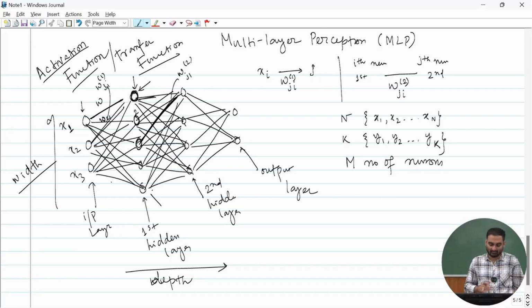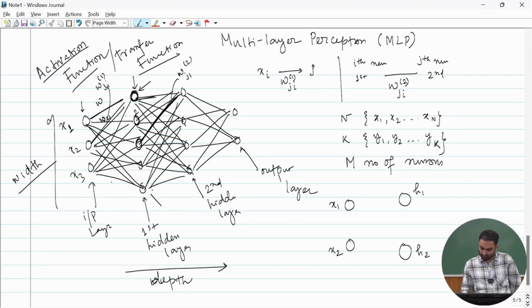Okay, now we see how this MLP can mimic the XOR operation. Two inputs, x1, x2, right?